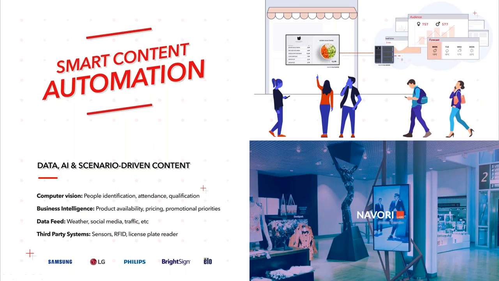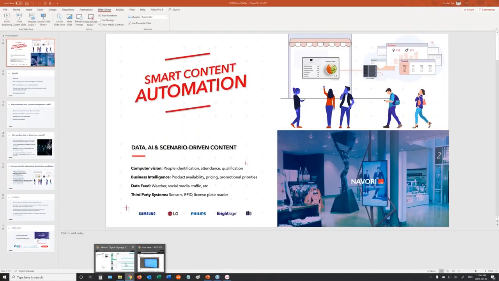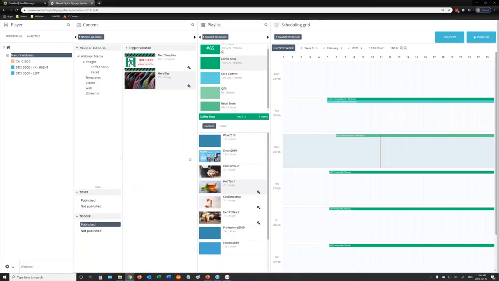So the short version of the answer is yes, absolutely 100%. And not only do we have this rules engine available today, in the near future Navori will be releasing the other side of the equation, a standalone computer vision camera analytics system developed by Navori that is built to work perfectly in conjunction with the main CMS and rules engine that we've been exploring today. And that's what has been on this screen here. So thank you for the question, and hopefully that gives you an adequate answer.